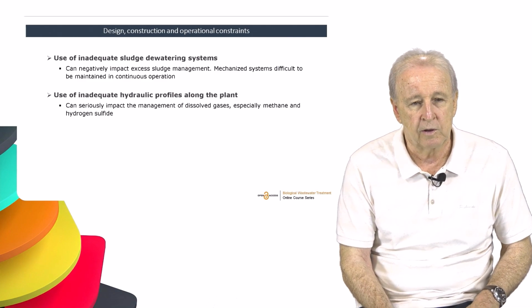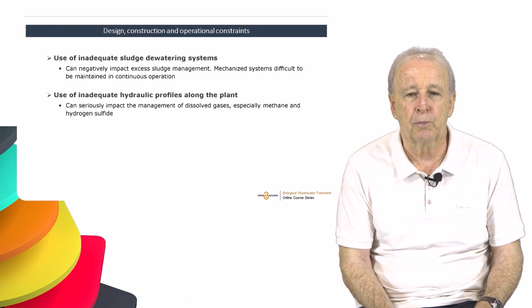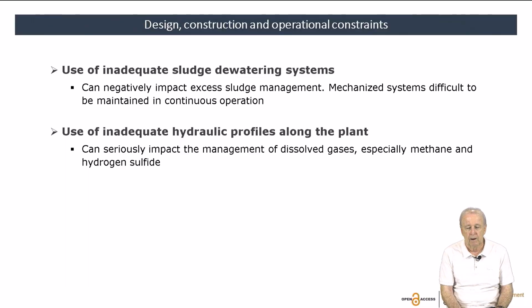Another constraint is the use of inadequate hydraulic profiles along the plant. As we saw in the previous lecture, if this hydraulic profile is not appropriate, it can seriously impact the management of dissolved gases, like hydrogen sulfide and methane, as we saw in the examples, with sulfide concentration around 10-15 milligrams per liter and methane around 20 milligrams per liter.